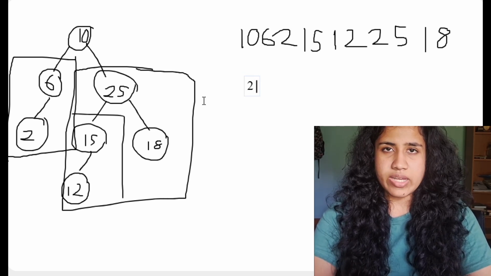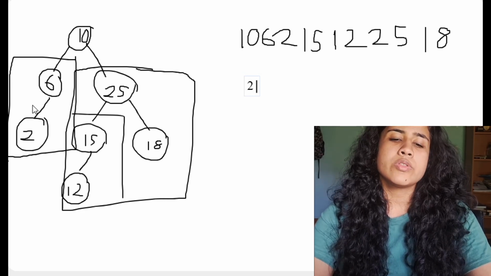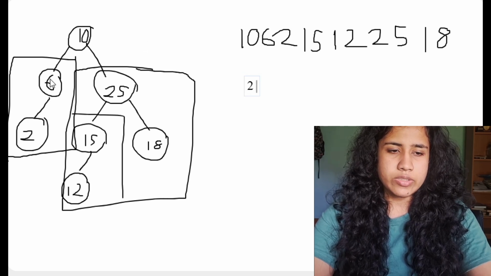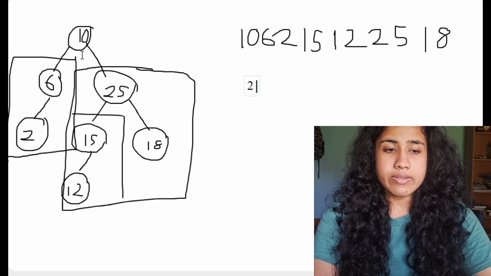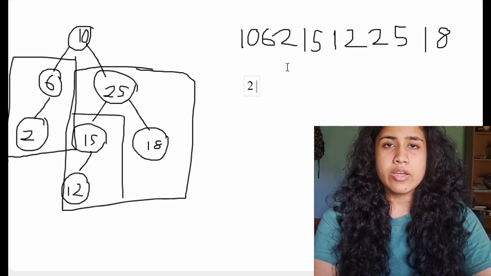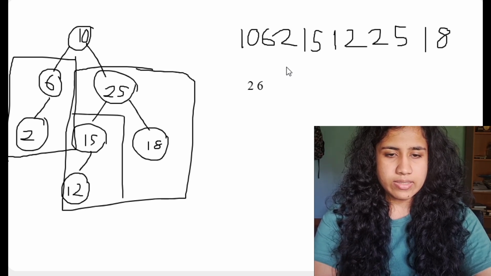It doesn't have a child, so 2 is our leftmost child. Then we have to write the root node. The root node of this subtree is 6.